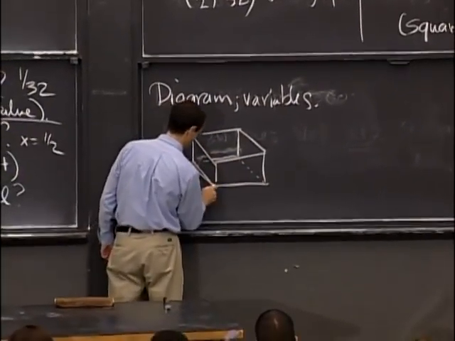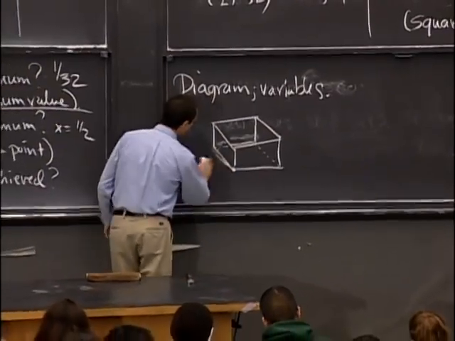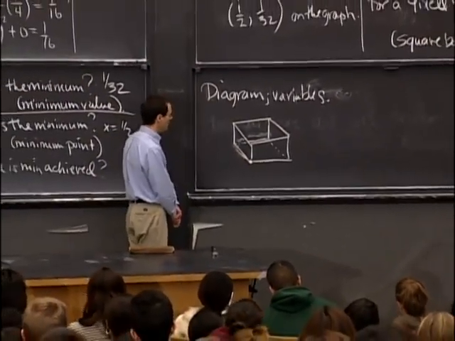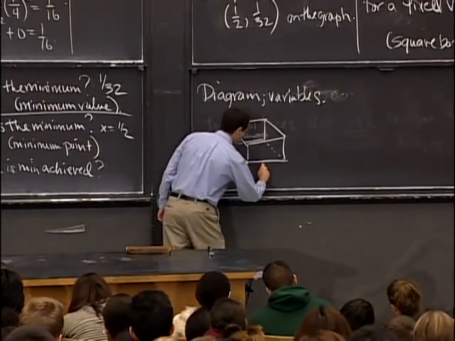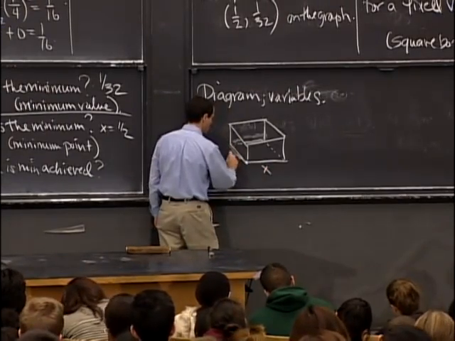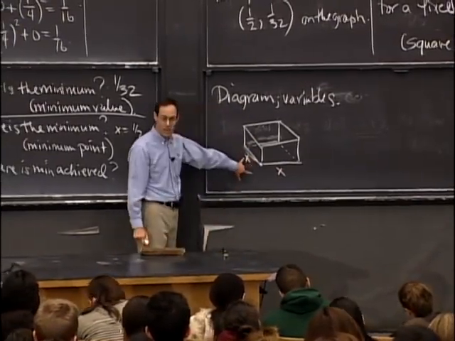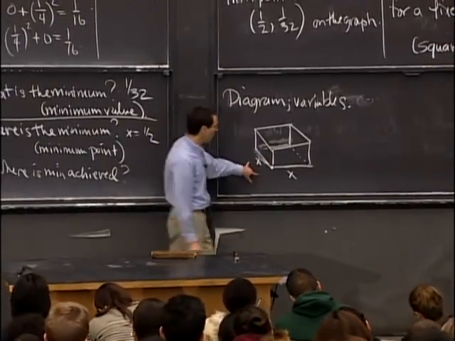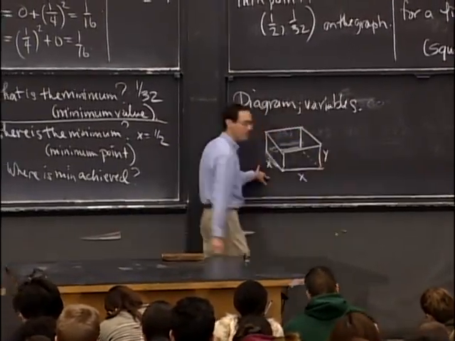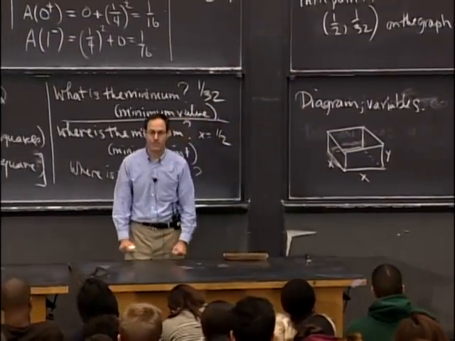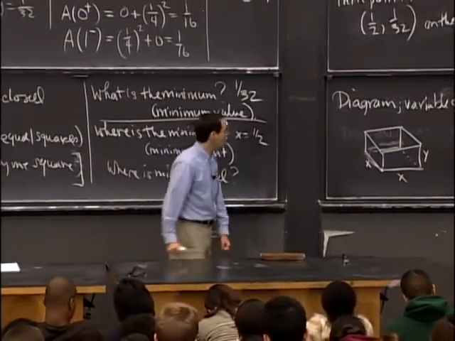Let's correct that just a bit. Now what about the dimensions of this box? Well, this is going to be x, and this is very foreshortened, but it's also x. The bottom is x by x. It's the same dimensions. And then the vertical dimension is y. Okay? So far, so good.